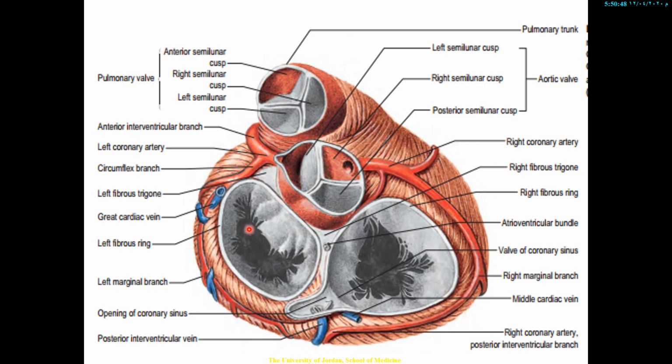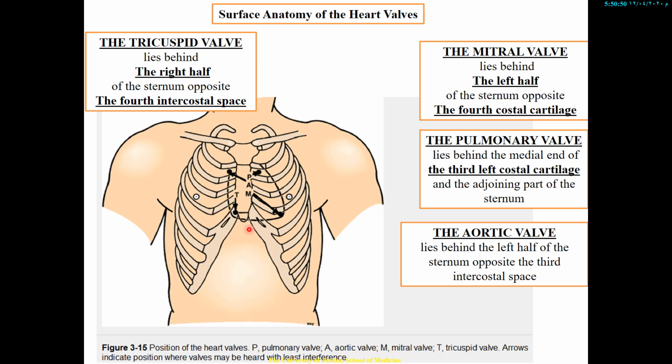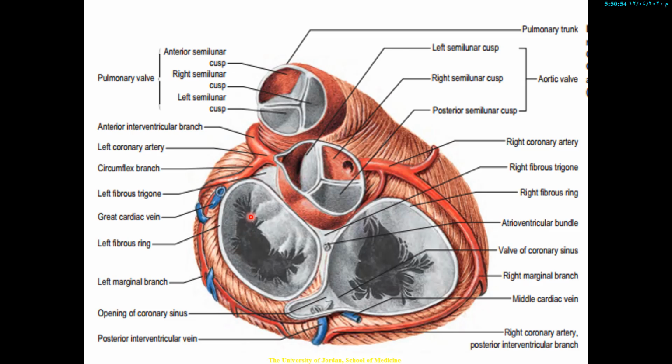Now, before we proceed to the next slide, which is the surface anatomy of the heart valves, let me remind you that the mitral valve and the aortic valve are close to each other, and the reason behind that is the way blood flows inside the left ventricle and is deflected by the anterior cusp of the aortic valve by 180 degrees.